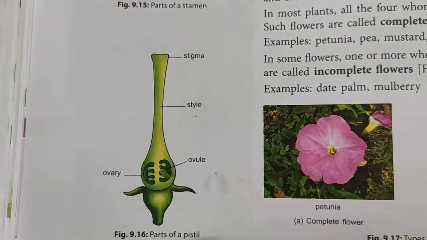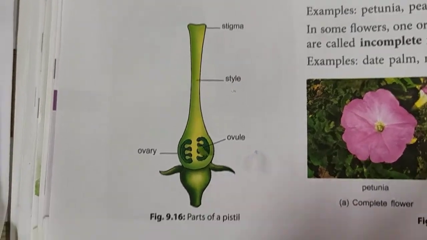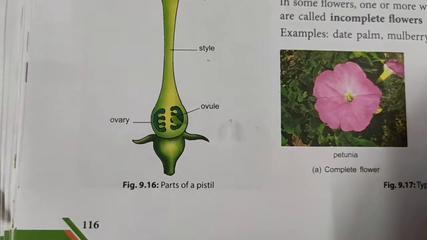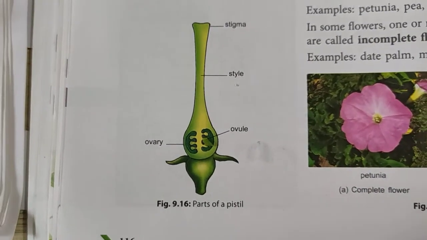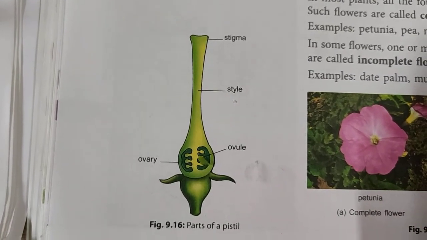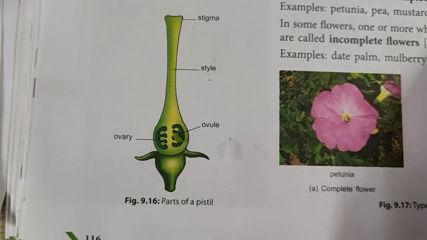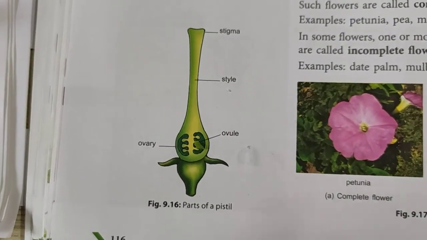In most flowers, all the 4 whorls are present, means the calyx, the corolla, then your male reproductive part, the androecium, and the female reproductive part, the gynoecium. These types of flowers are known as complete flowers.